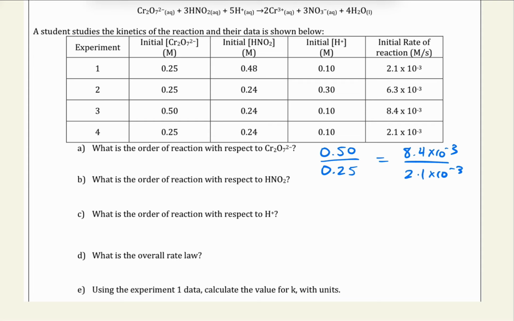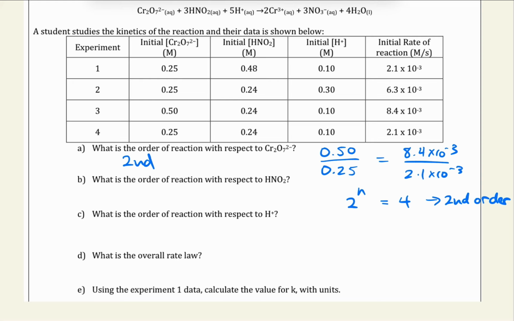When we solve for this, we get 2 to the power of n equals 4. In other words, n here is equal to 2. So this is second order. Now let's look at HNO2.